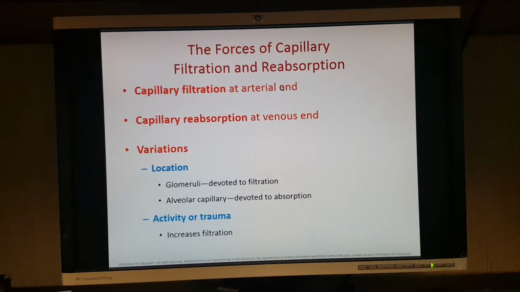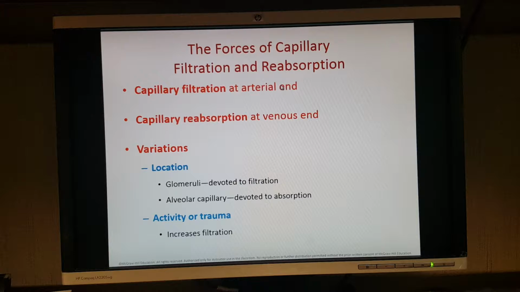So there are variations to the capillaries reabsorbing that 85% of the fluids that they filter out at the arterial end. Your variations are depending on location due to function. So the first one are the glomeruli in your kidneys. Your kidneys are devoted to filtering of blood, so they don't reabsorb fluid.